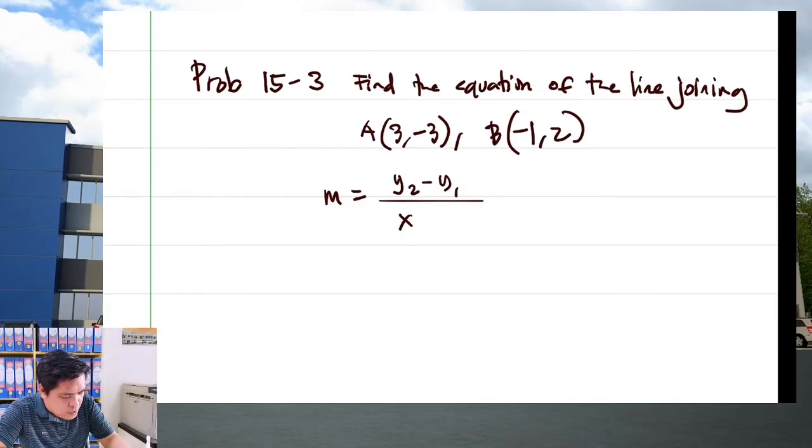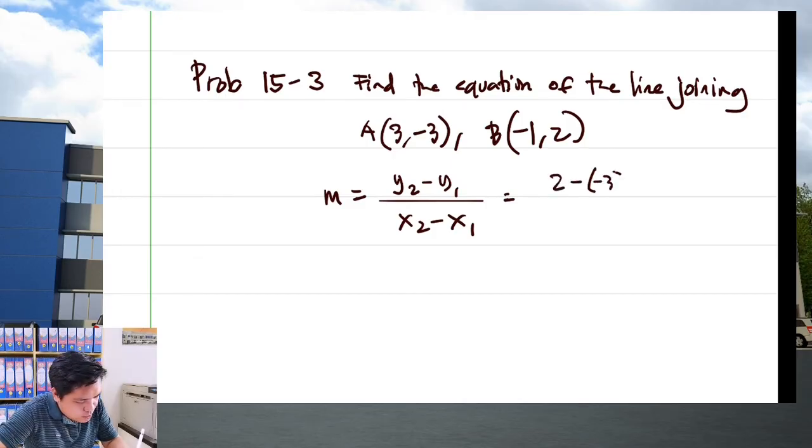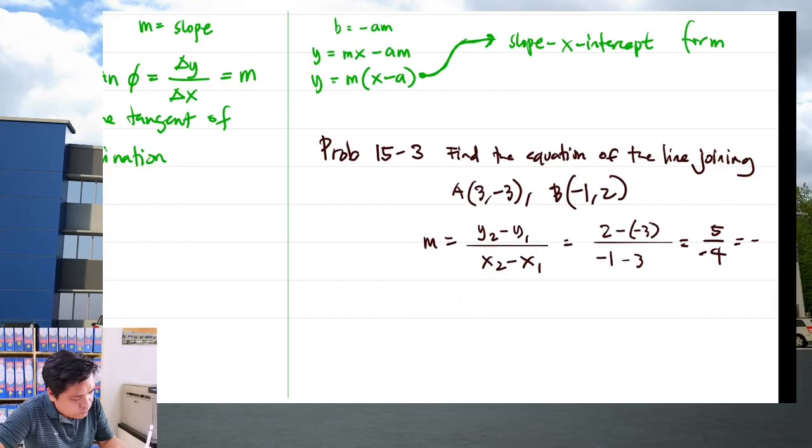Sorry, that's x2 minus x1. So let's compute first the slope. That would be 2 minus negative 3 over negative 1 minus 3. So we have 5 over negative 4, or the slope is negative 5 over 4.